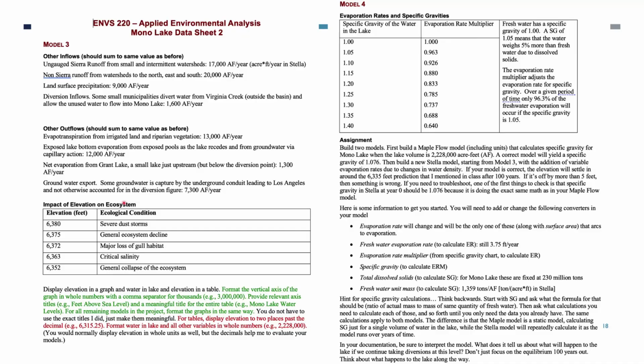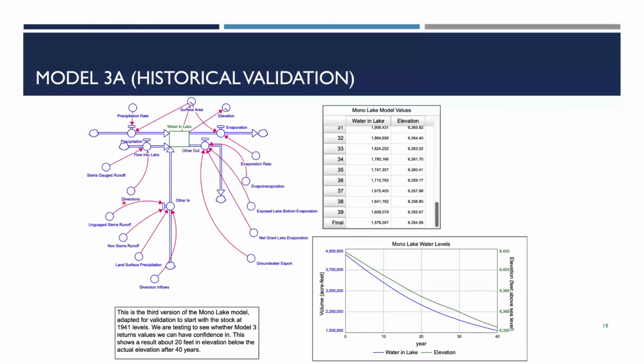Shape looks good, but what are the numbers? So what we do is go back to the values of the lake in 1941. We're operating in 1990 from the standpoint of where we stand in the class. So we go back and we change water in lake to 1941 levels.